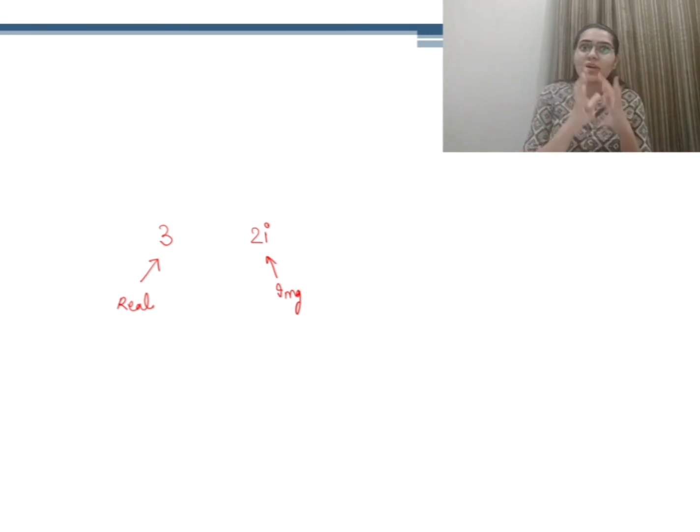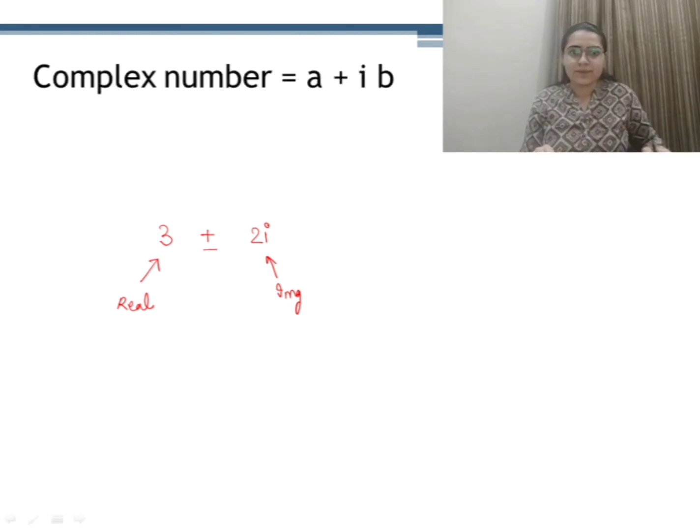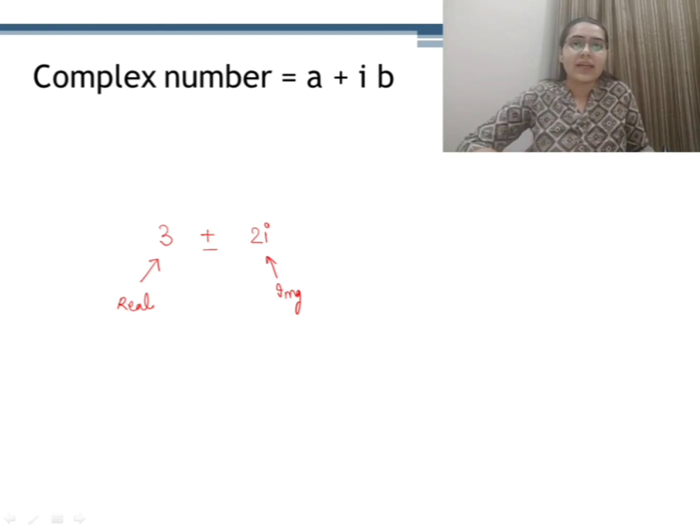How will these two worlds come together? Either by adding them or by subtracting them. This forms our complex number. You see, here, a complex number is denoted by a plus iota b. We give it a symbol Z, that is equal to a plus iota b. What is this a?